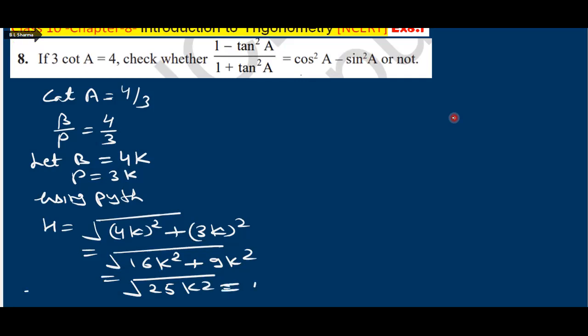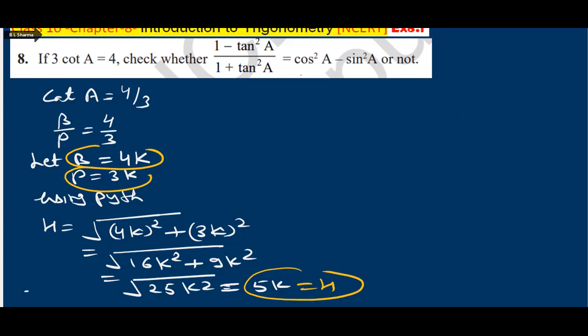So we can write 5k. So base is 4k, perpendicular is 3k, and hypotenuse is 5k.